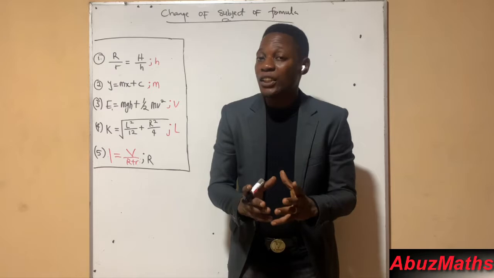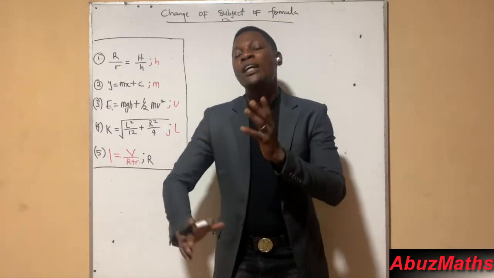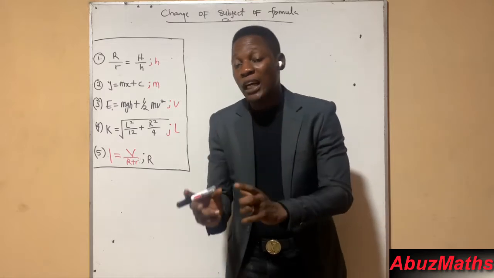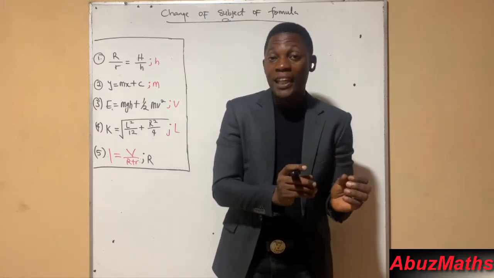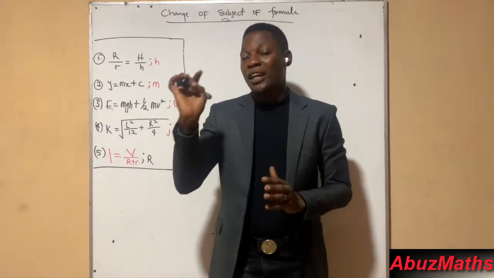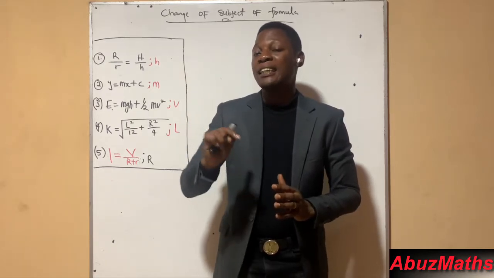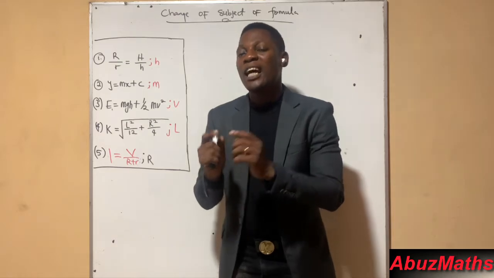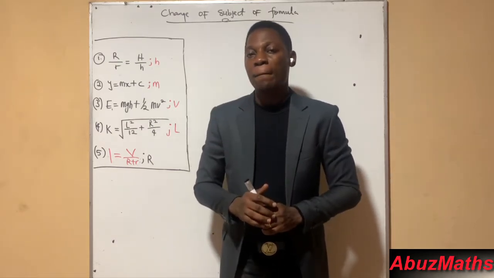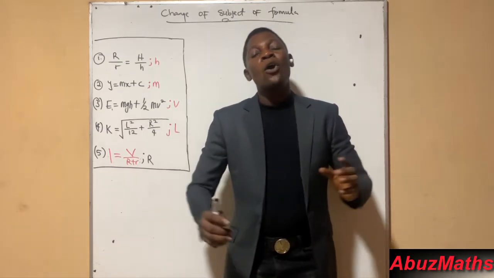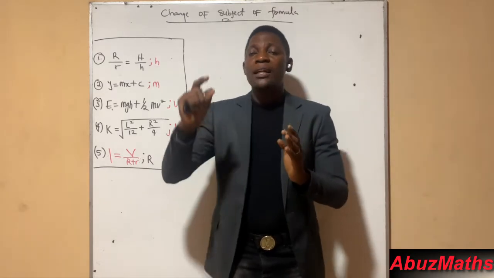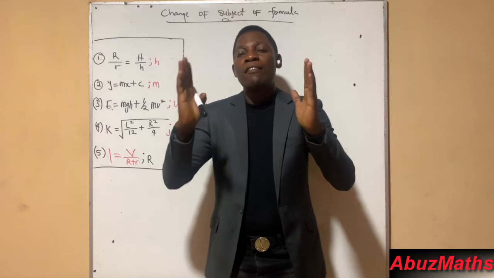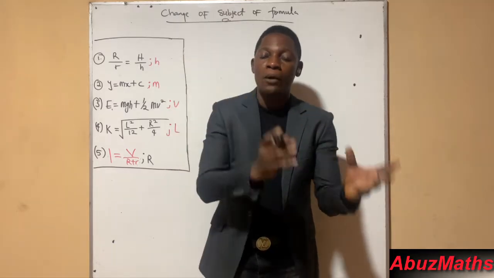You just have to know some basic things. One of them is how to work with multiplication, division, addition, and subtraction of fractions. If you have any issues with that, you can check the first video I uploaded on this channel. The link will be in the description box. Another thing you need to know is that when you have an equal sign between two fractions, you cross multiply.